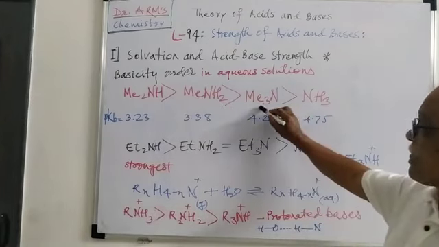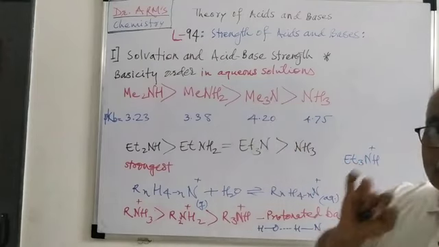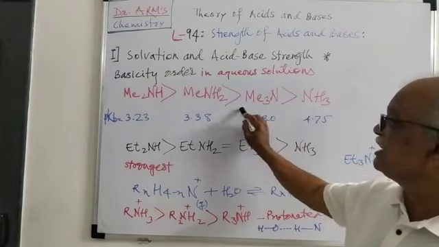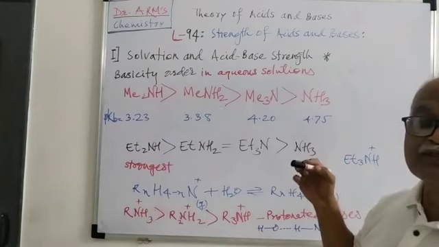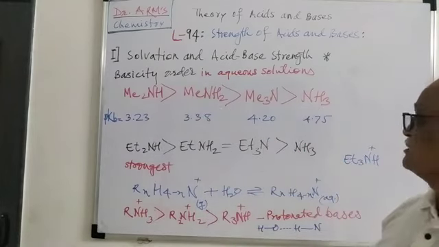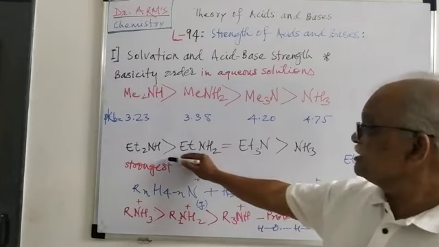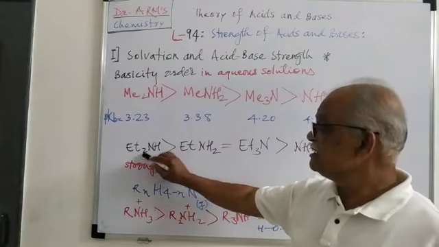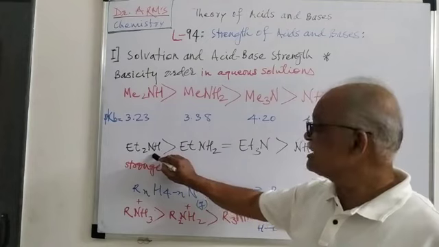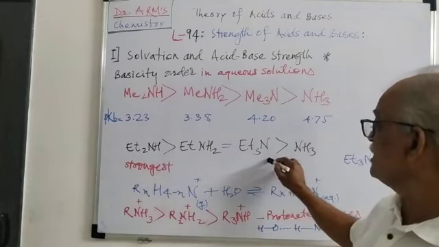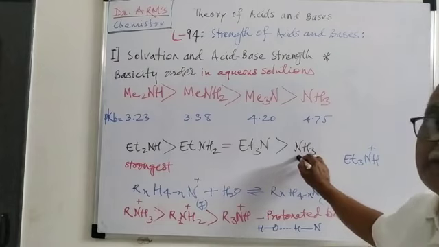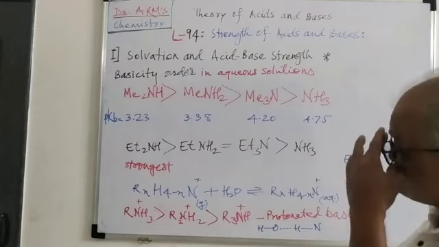Again here you will find that there are 3 methyl groups, even though it is a weaker base than all these 3. Why is it so? This is an interesting question. In this case also, diethylamine is the strongest base compared to these 2, ethylamine and triethylamine, and ammonia is the weakest base.